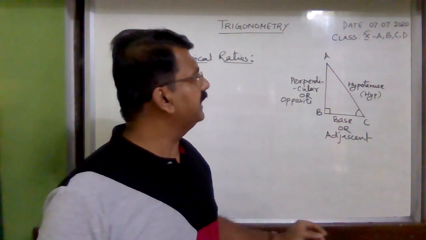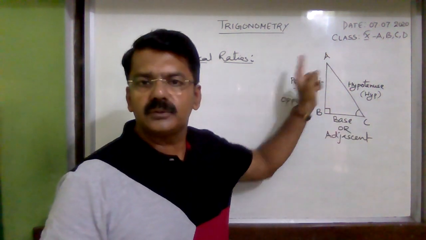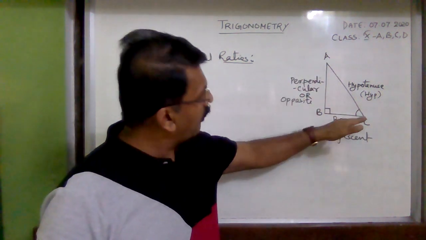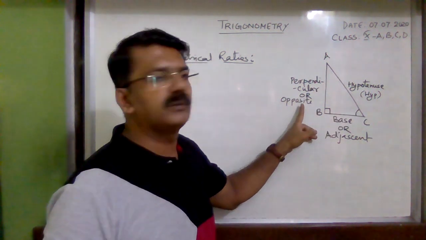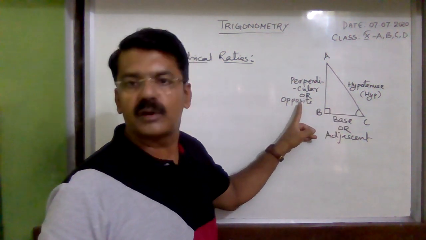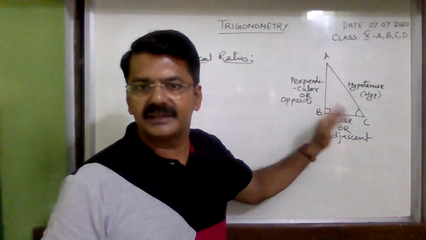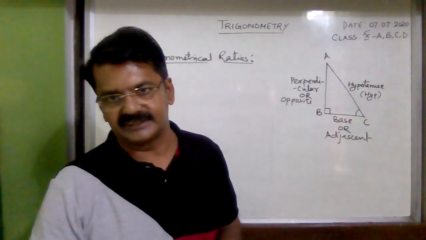So I repeat, in a right angle triangle, the side opposite to angle B is always the hypotenuse. The side opposite to the reference angle will be called the perpendicular or opposite, and the side making the reference angle will be the base or the adjacent.